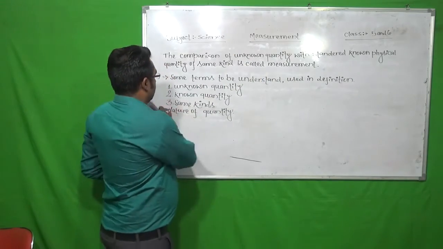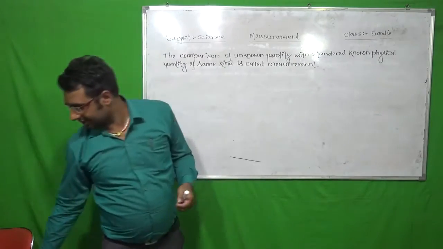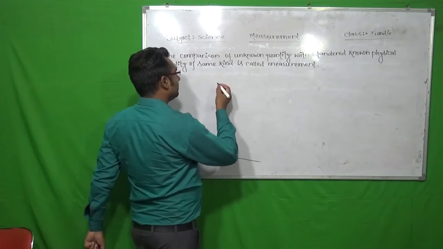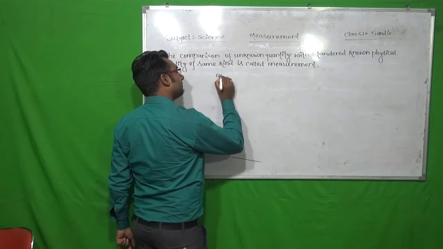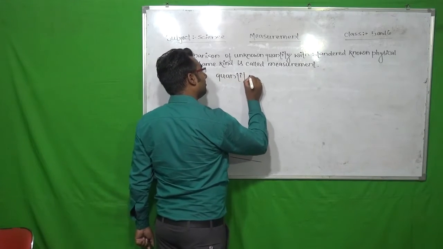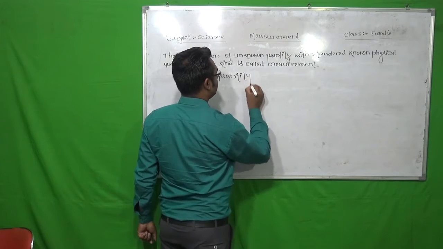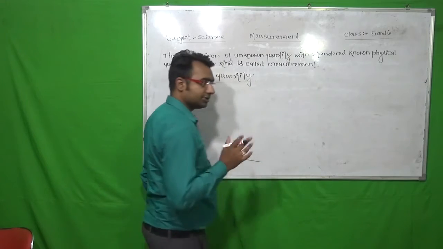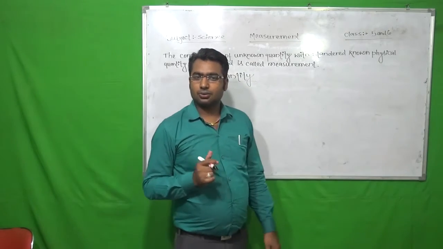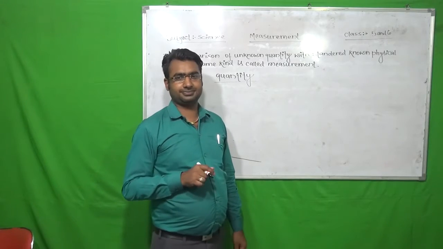So first of all, quantity. Quantity is the property of matter. Quantity is the property of matter or substance, which can be expressed in terms of magnitude and multitude.